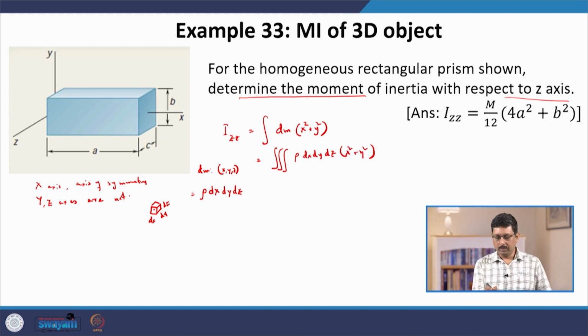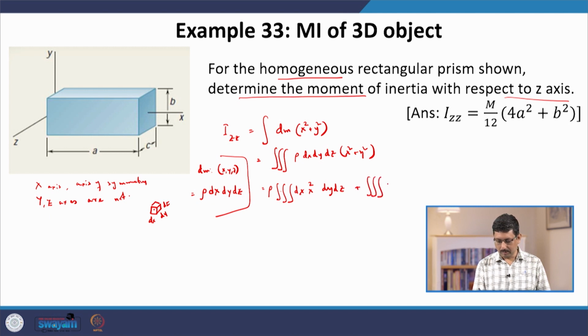Now, because it is homogeneous, I can take the density outside. So, I can take the rho outside the integral, and there are two terms. The first term is dx times x square times dy dz, and the second term is dx times y square dy times dz.